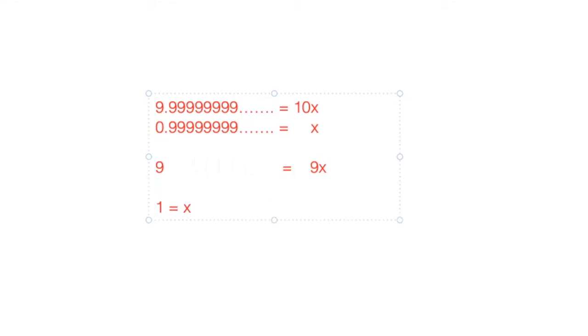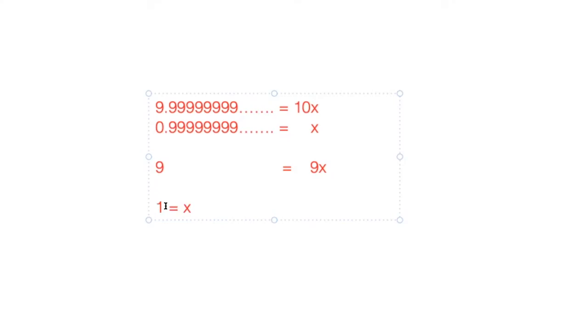So as much as you sort of hate this, and I don't blame you if you do, as much as this sort of hurts your mind, this right here, 0.9 repeating, is actually equal to 1. And you say to yourself, well, how can that possibly be?